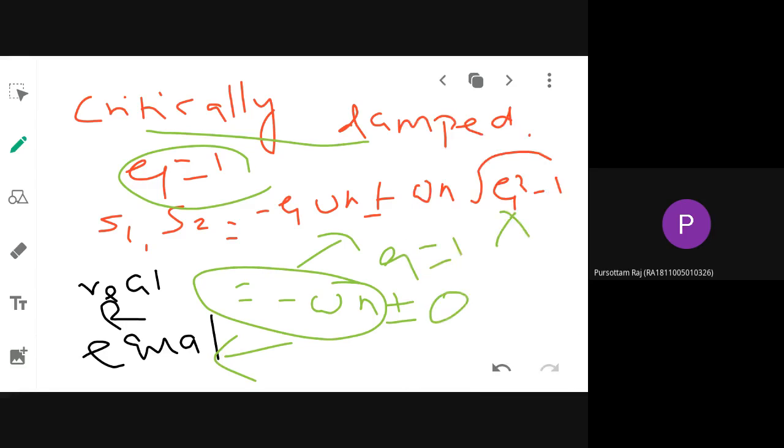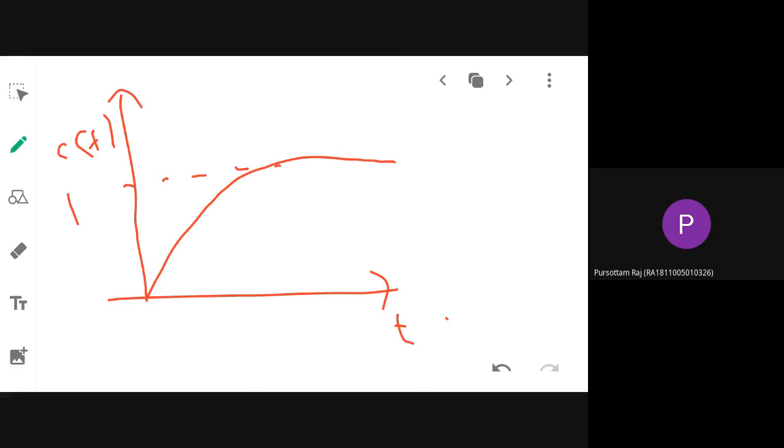Now we have to see how the response looks. This is the curve for the critically damped case. It will be rising and settling to the final value without any oscillations.